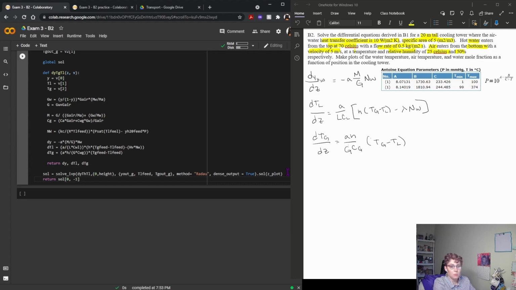And then since we want this to be equal to 0 because we're using it for our root function, we can subtract the initial mole fraction. There we go.